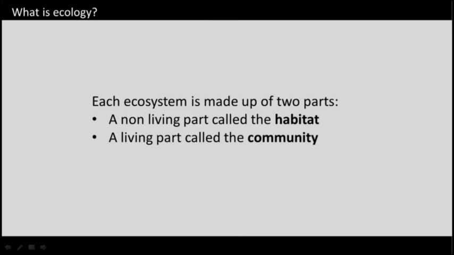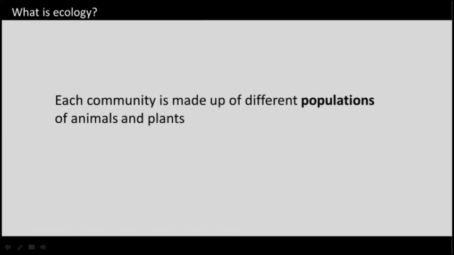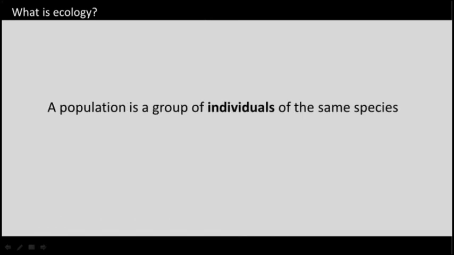The community is all the plants and animals that live in the habitat. Each community is made up of different populations of plants and animals. A population is a group of individuals of the same species.